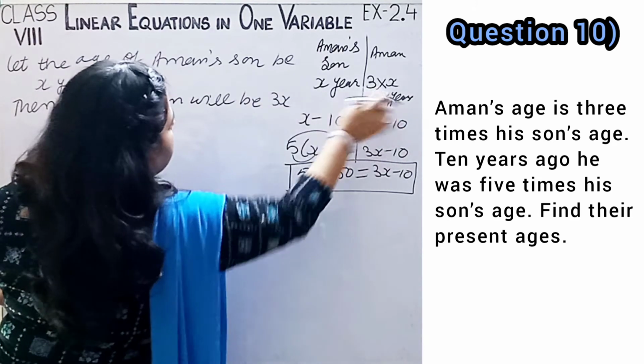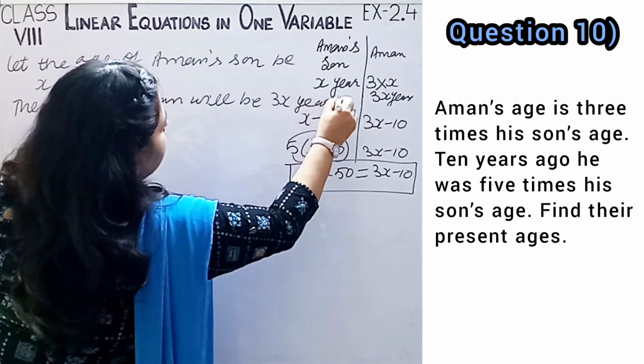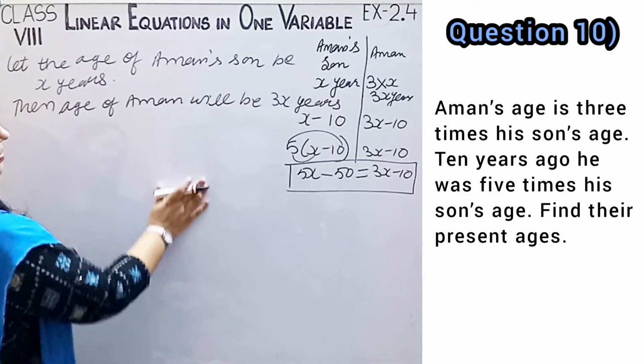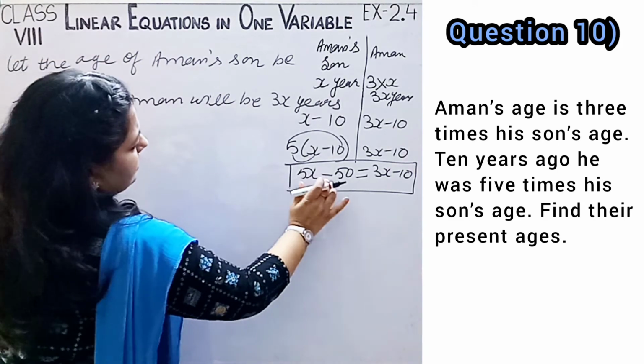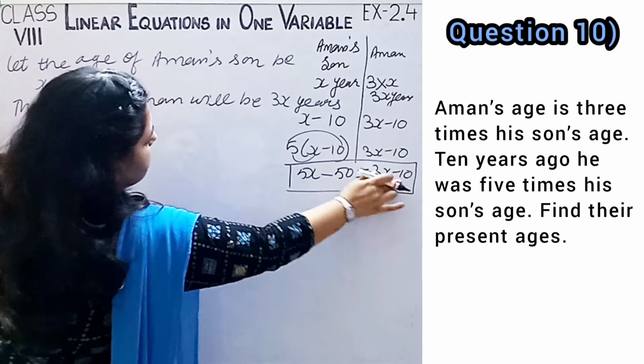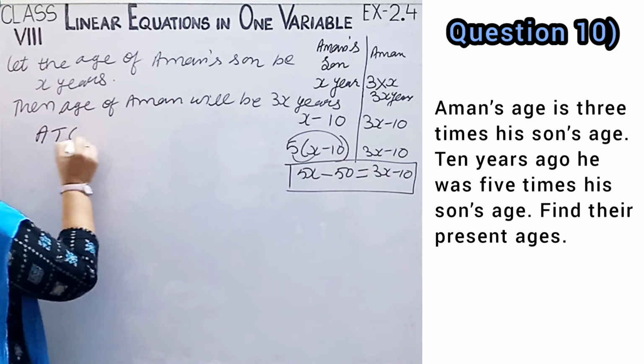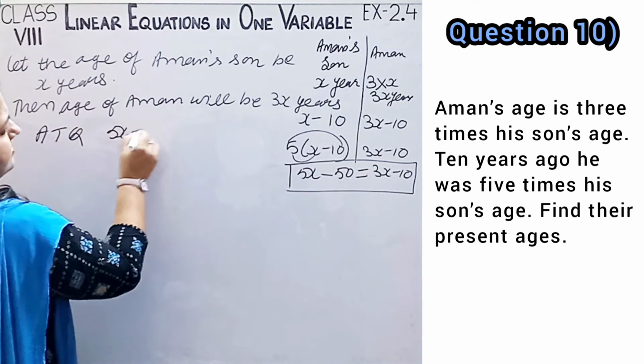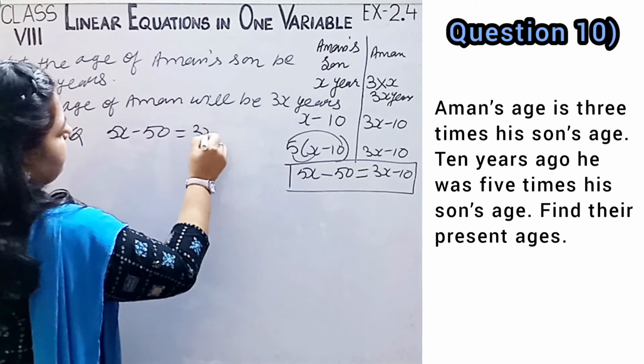We have already done here. According to our question, we have 5x minus 50 is equal to 3x minus 10.